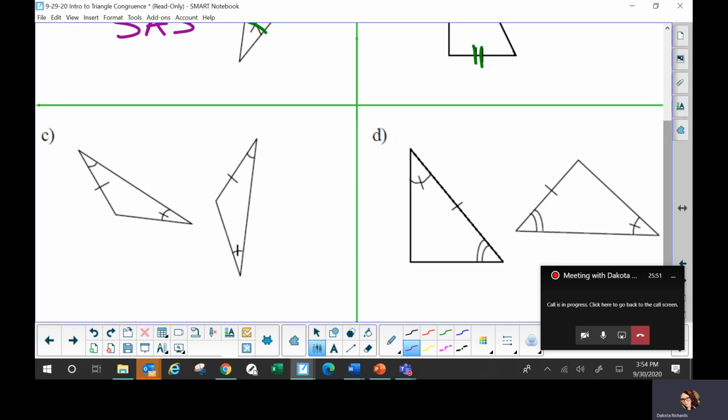Okay, on C, you're given two angles and a side, right? Angle, another angle, then a side.